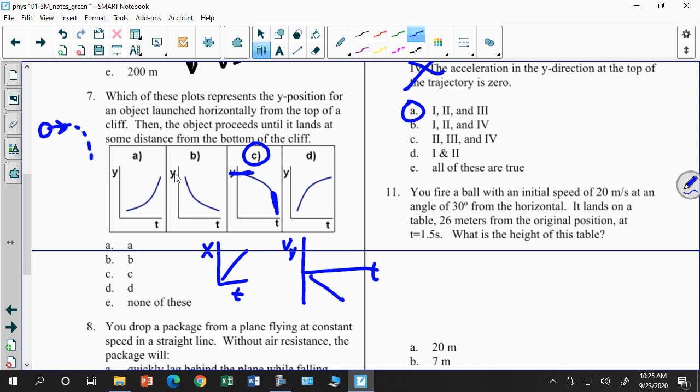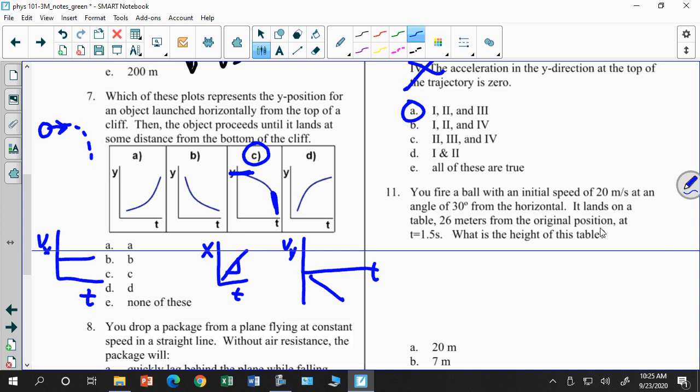And if I were to plot Vx versus t, think about what it might look like in your head. I know that it has a constant slope. The slope is the velocity. That means the velocity doesn't change. So it's going to look like that, a constant velocity at one value, not changing. So be able to identify those for all the different parts of projectile motion.